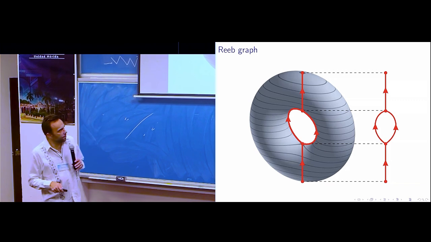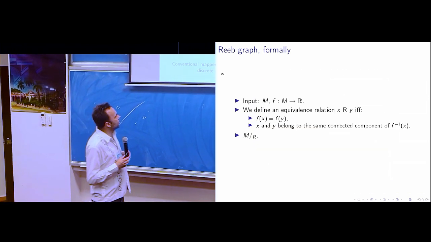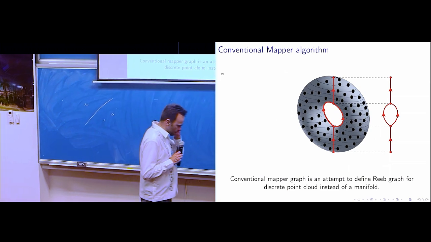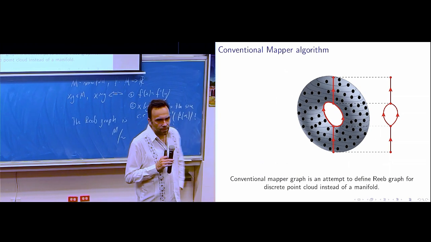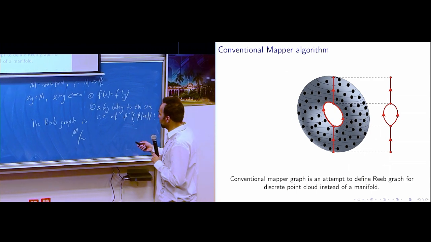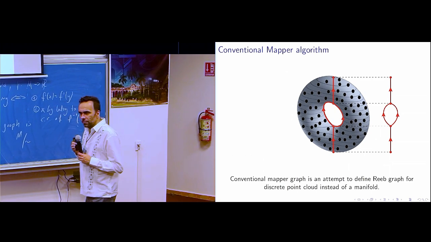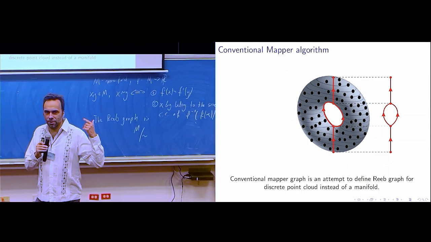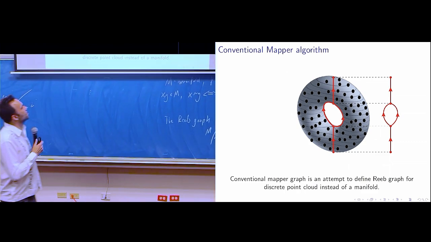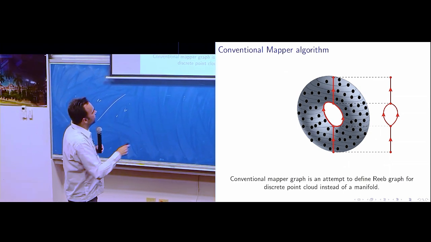Back roughly in 2007, a group of people from Stanford, Gunnar, Facundo and Gurjeet, were asking a question. What happens if we don't know this manifold as a continuous object, but we only know it from a finite sample? We know the function exactly, but M is only given from a finite sample.